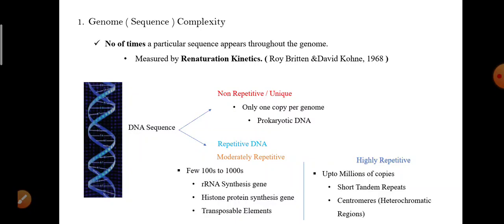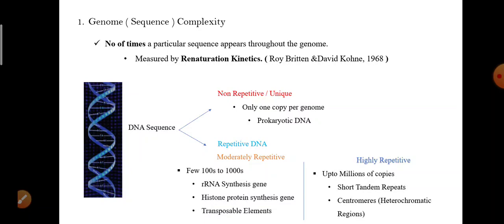Moderately repetitive DNA is found mainly where genes are regularly synthesized. That is, rRNA synthesis genes, which we need for our ribosomes, are moderately repetitive.